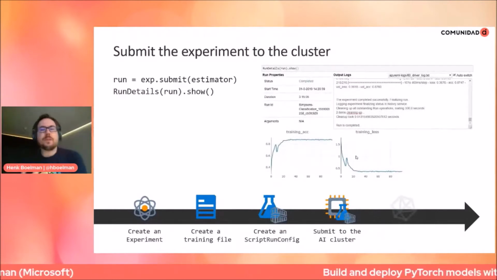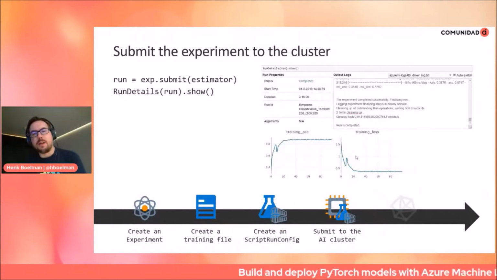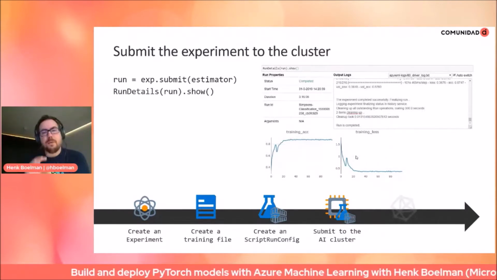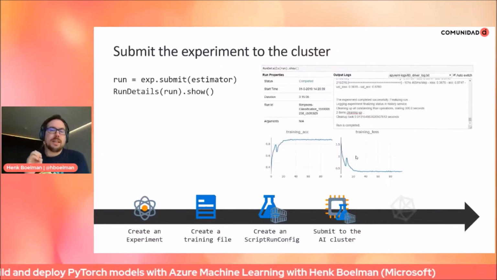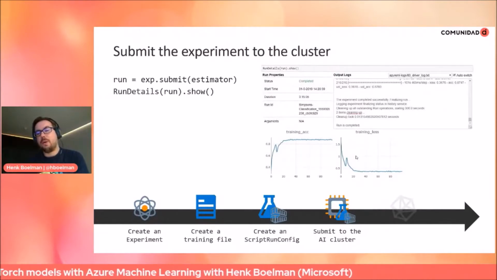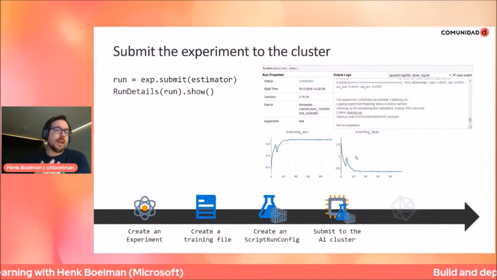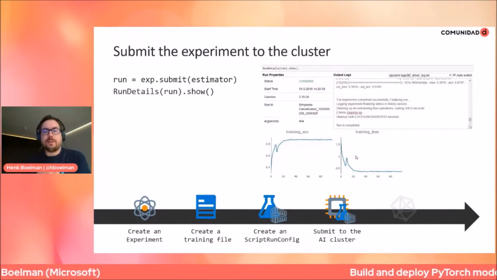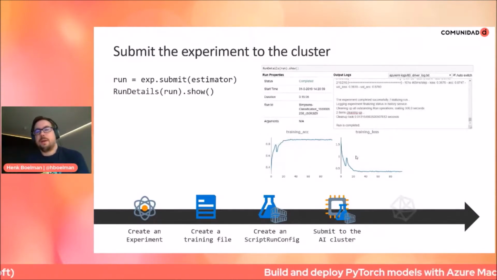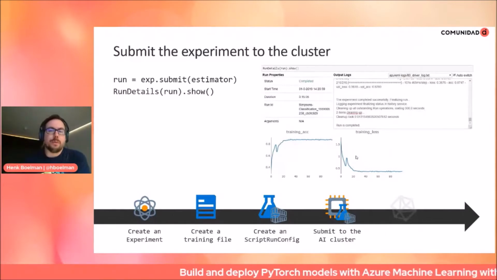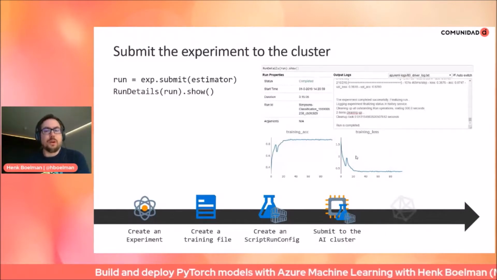It will pick it up, start spinning up the compute, and then it will start running our code. And while it is running our code, it is sending back all kinds of information about what is going on. We can have live metrics, how our accuracy is improving, or maybe how it is not improving, so we can stop our job. And we see all the log files in real time.